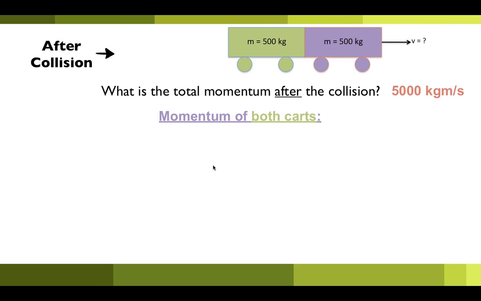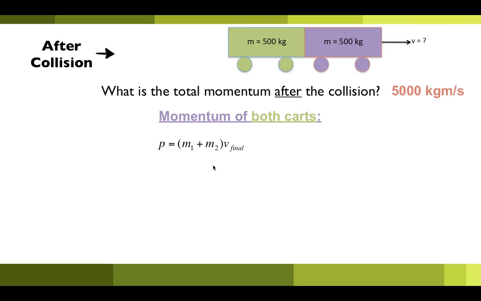And if we know mass is just how much stuff something is made of, if you have one cart and you stick it to the other one, all the mass that was in the first one and all the mass in the second one are getting combined. So the mass of the new large cart, the stuck together cart, is just going to be the same as the mass of the individual carts added together.